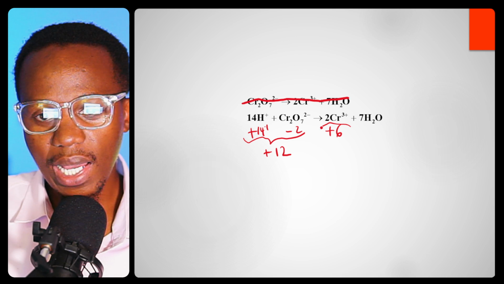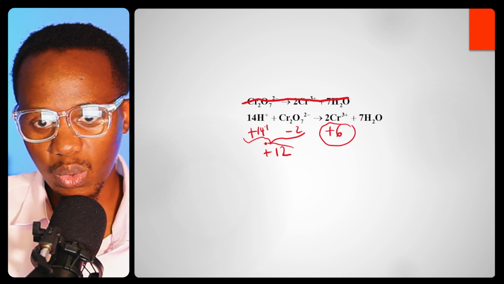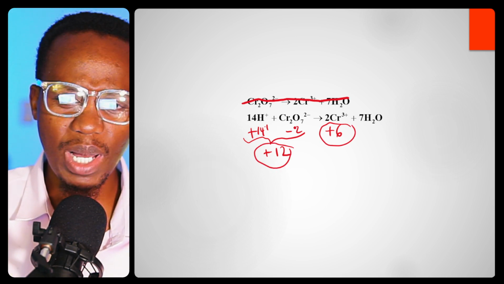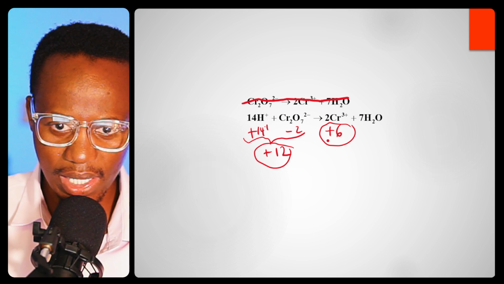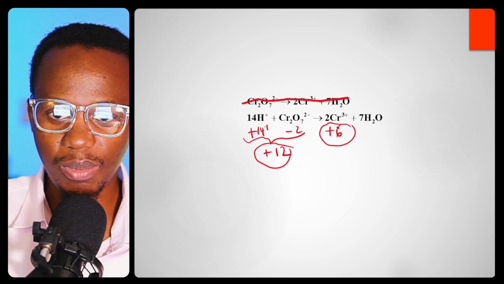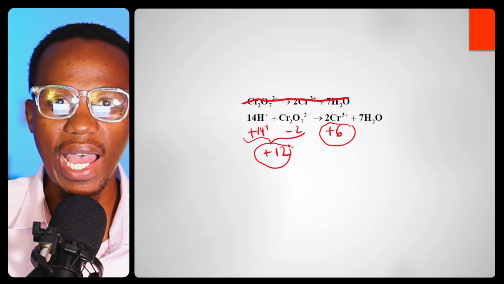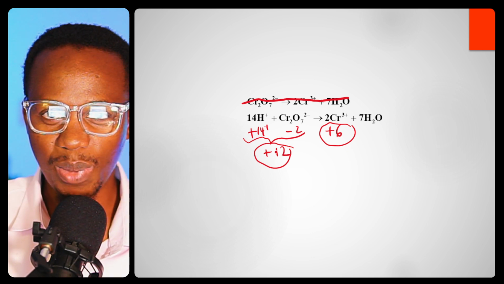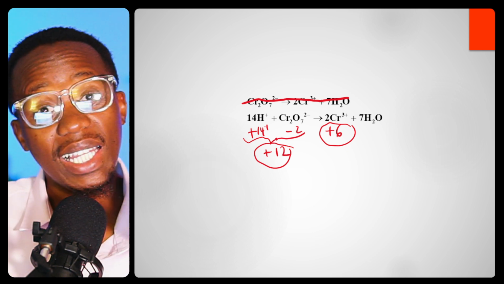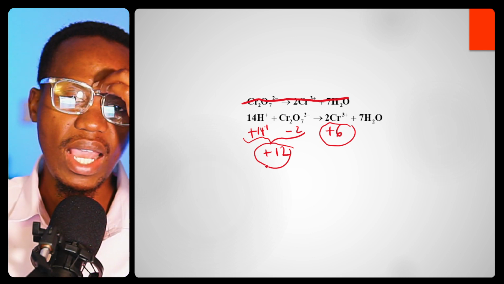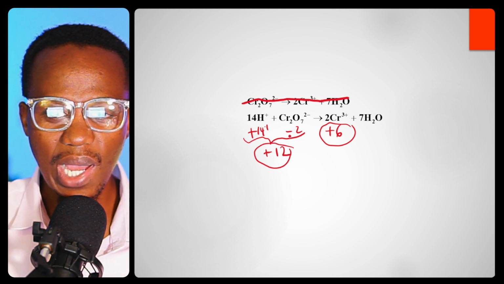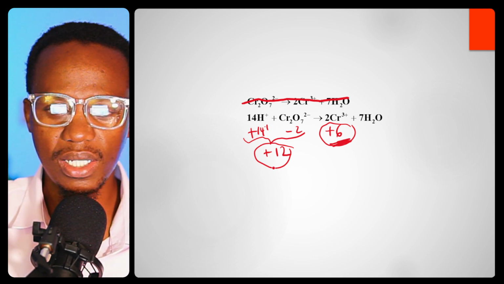So you have plus 6 here, you have plus 12 here. How do you balance both sides? You're going to balance both sides by adding electrons on the one that has the bigger number. Why? Because electrons are negative, right? And how many electrons do you add? You add the difference, right?